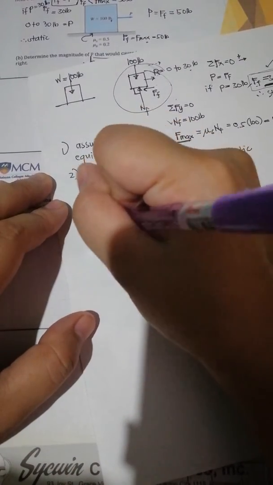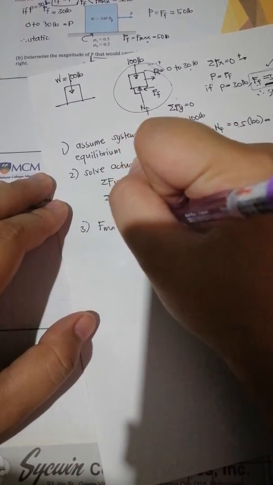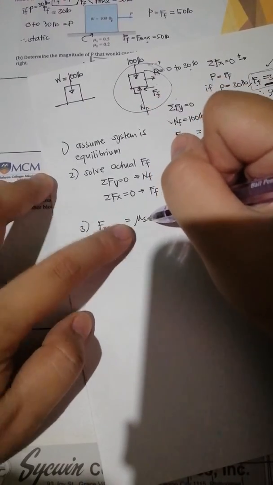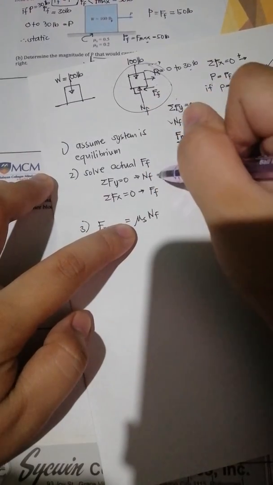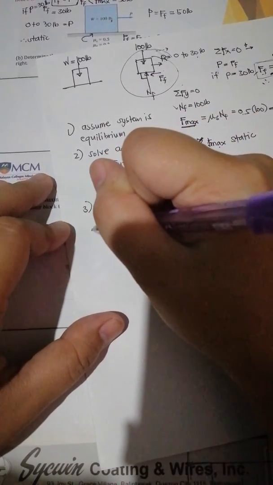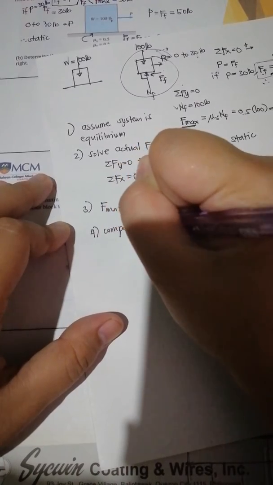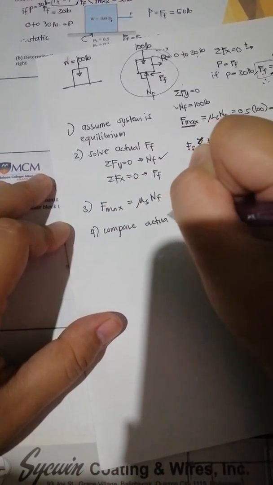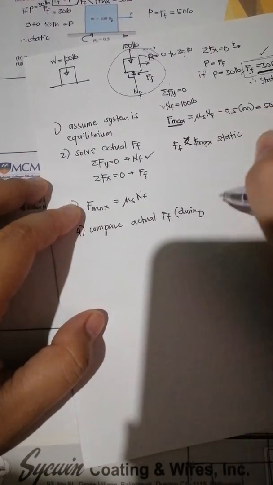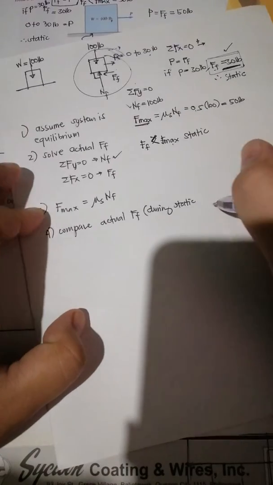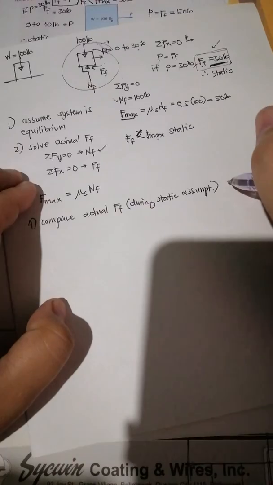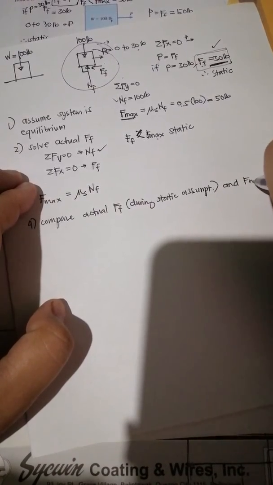Now, we also solve for F maximum, which is equal to mu S, the coefficient of static friction, times the solved normal force. Now, compare the actual friction force, under the assumption that it is static, with F maximum.